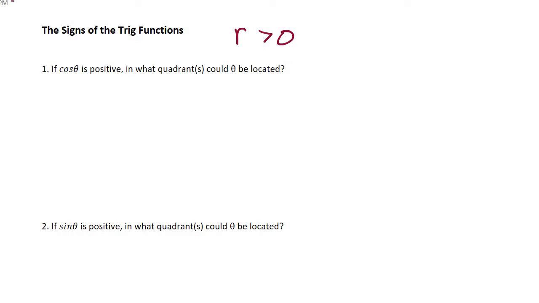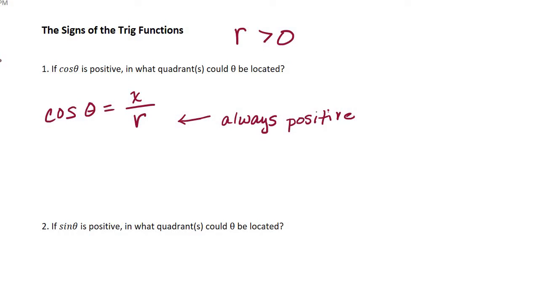Problem number 1. If cosine theta is positive, in what quadrants could theta be located? We know from our circular definitions that cosine theta is defined as x over r, and I know that r is always positive. Since this ratio, x over r, is positive and r is positive, then x has to be positive as well.